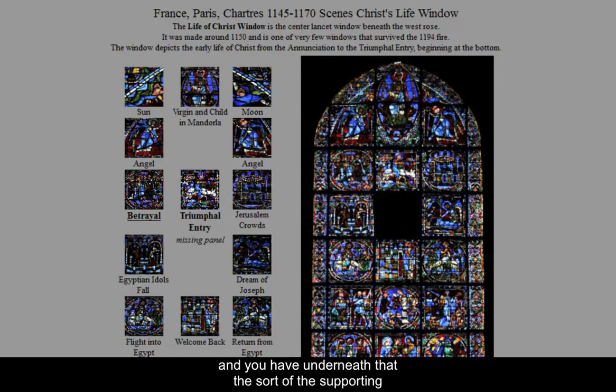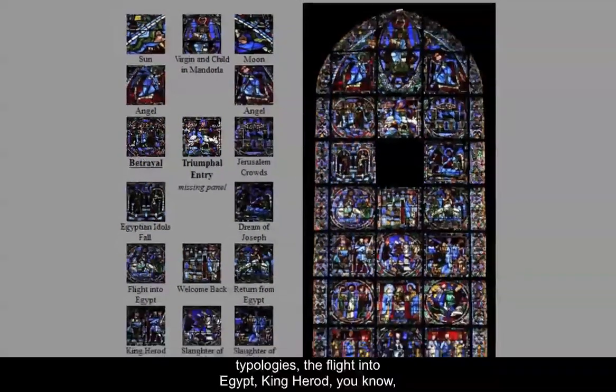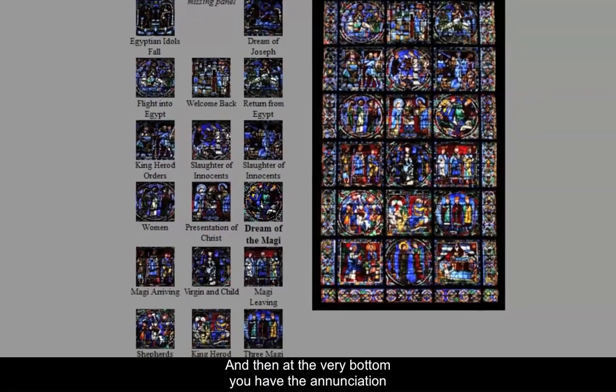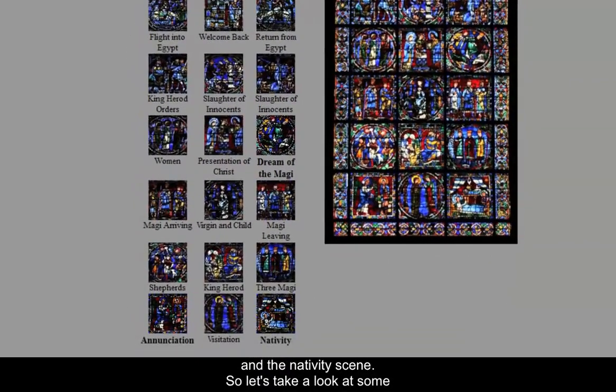Underneath that you have supporting stories from the Old Testament, which are typologies: the flight into Egypt, King Herod. They're all early in the life of Jesus, and then at the very bottom you have the Annunciation and the nativity scenes.